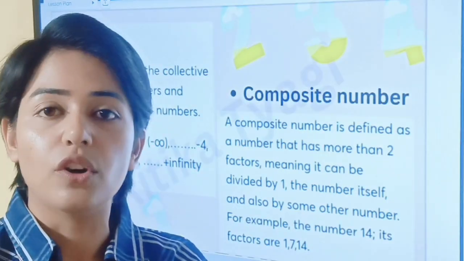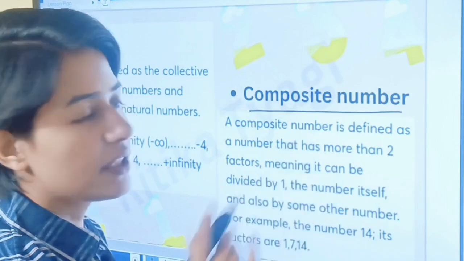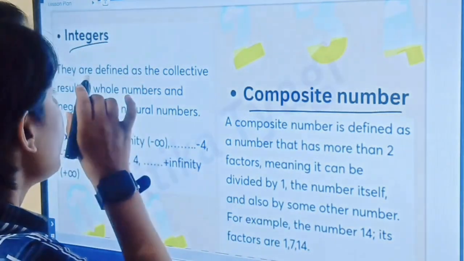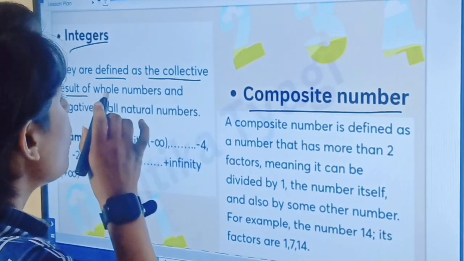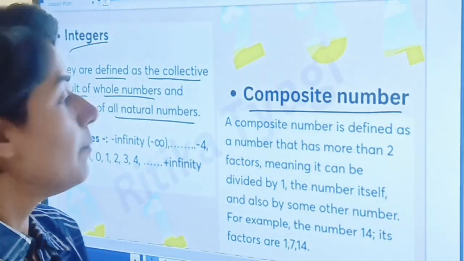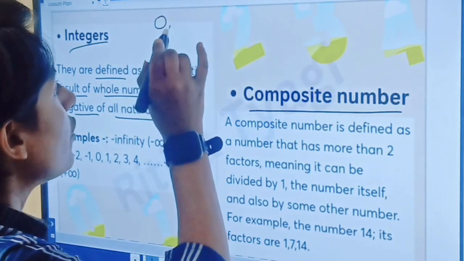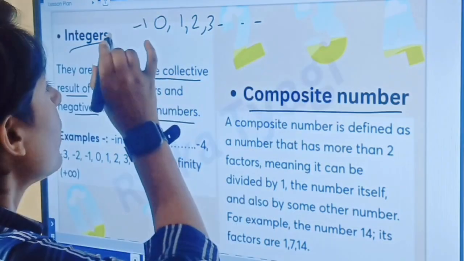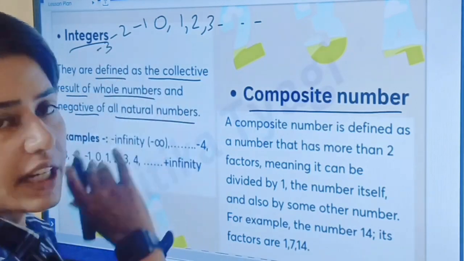We are discussing what are integers and composite numbers. First of all, integers. What are integers? They are defined as the collective result of whole numbers and negatives of all natural numbers. As we discussed already, whole numbers are 0, 1, 2, 3 and so on, and negative 1, negative 2, negative 3.